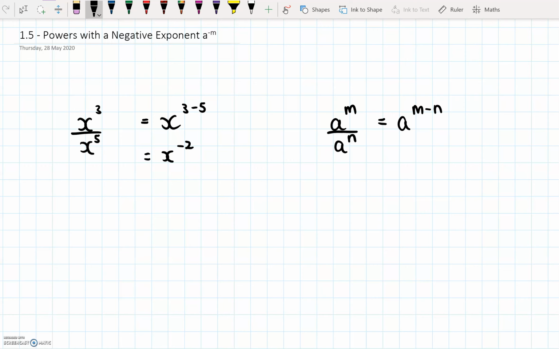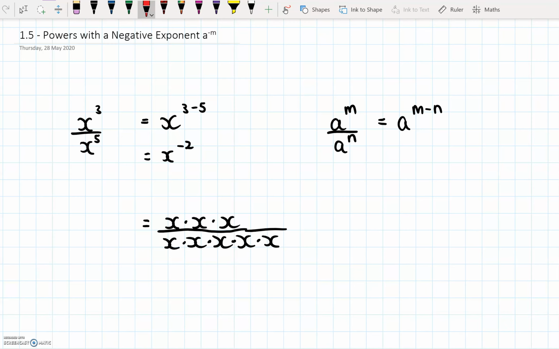I want to look at this the long way now, and that's by writing it out. So this is also equal to x cubed on the top, so x multiplied by x multiplied by x, over x to the power of 5 on the bottom. So we're going to do it 5 times, 1, 2, 3, 4, 5, multiplying in between all of these.